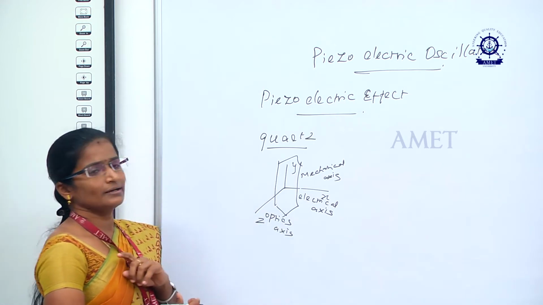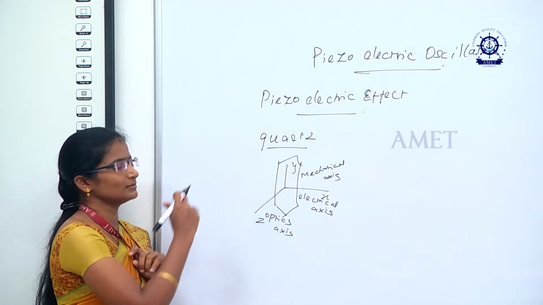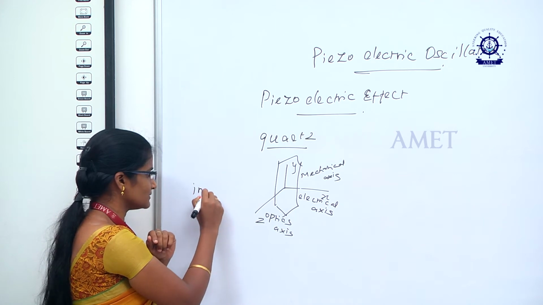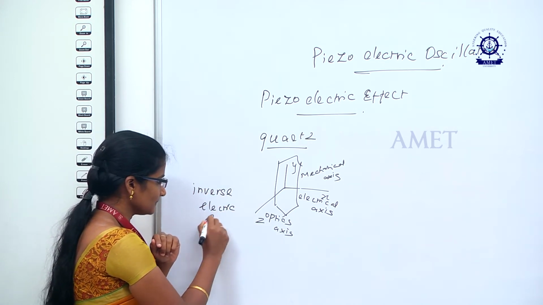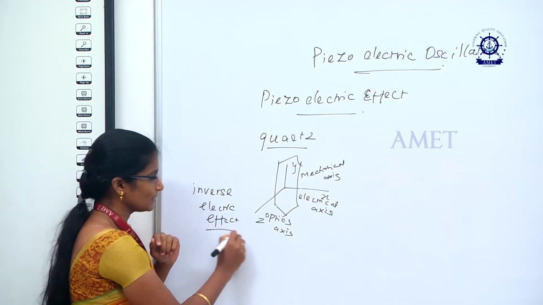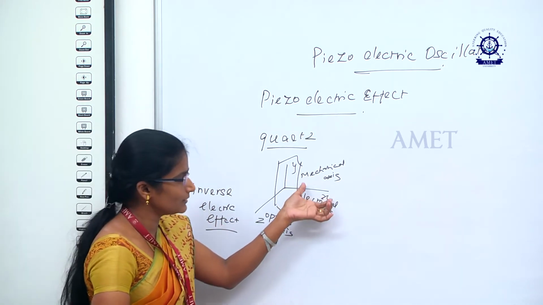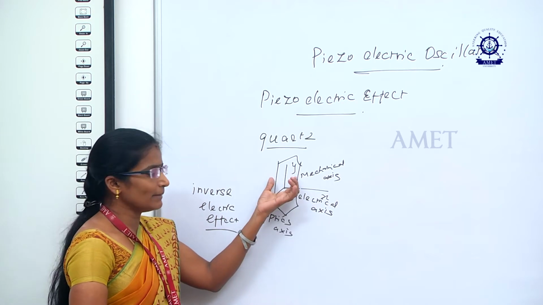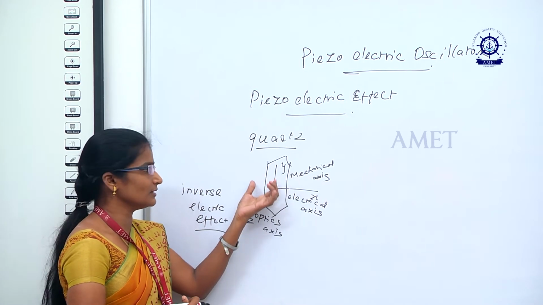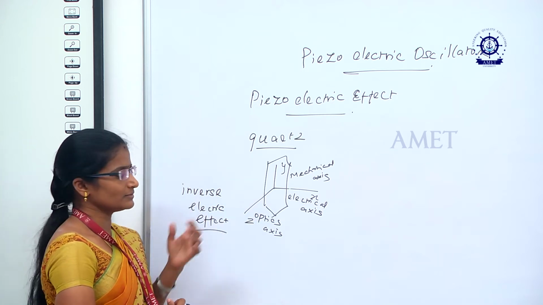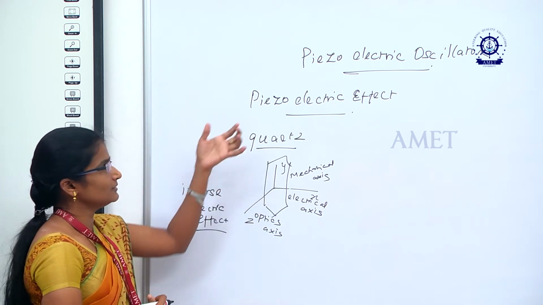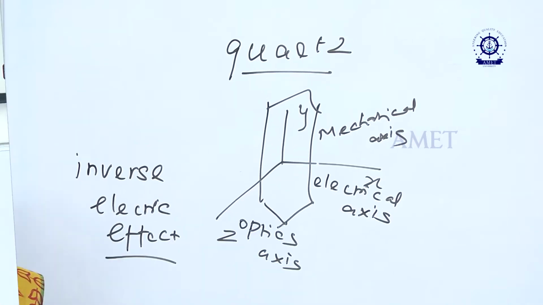This piezoelectric oscillator works based on the inverse piezoelectric effect. We apply a potential difference on the electrical axis, the mechanical vibration or stress is produced on the y axis, and the optical axis produces the ultrasonic waves. This is the basic principle of the piezoelectric oscillator.